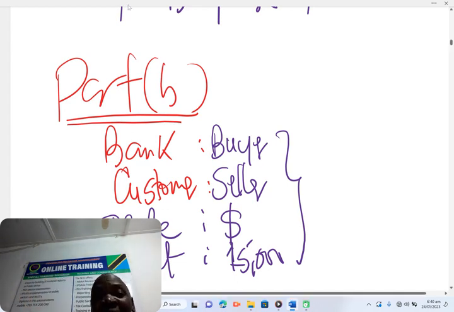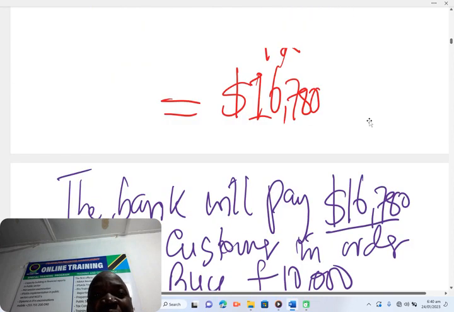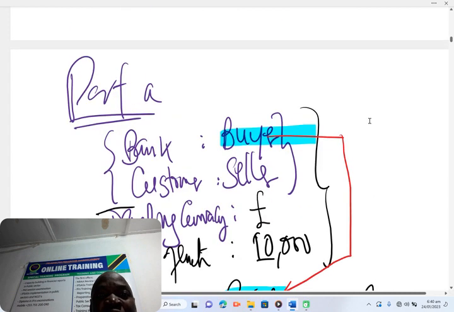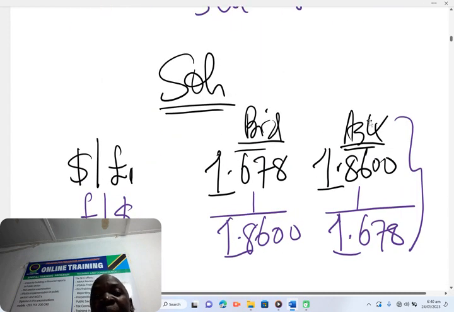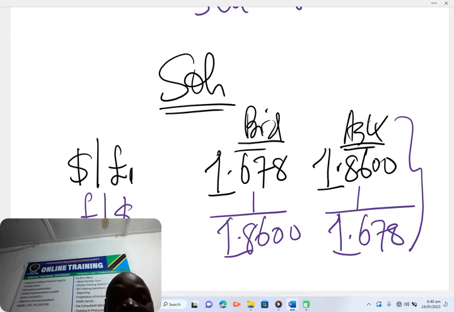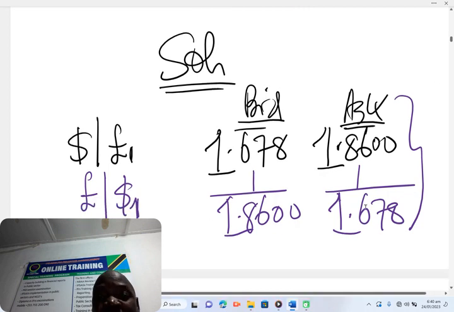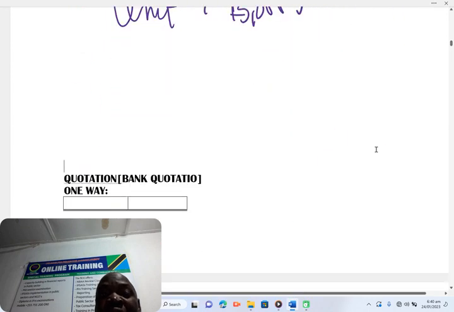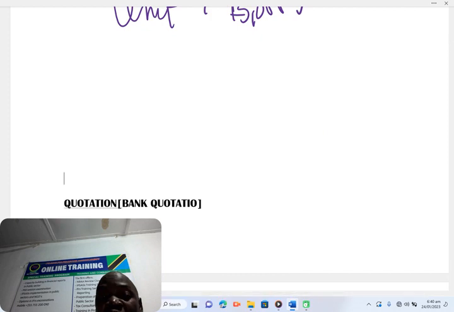Now, from above, you have two quotations, isn't it? Now, which quotation are you going to select here? The second one. Select a quotation where the trading currency exists. So this one here. So now you transfer the quotation. What is the quotation now?